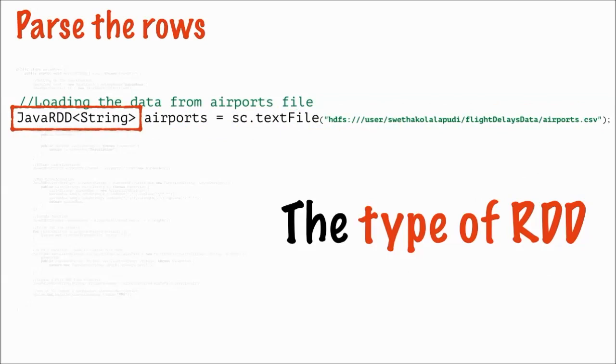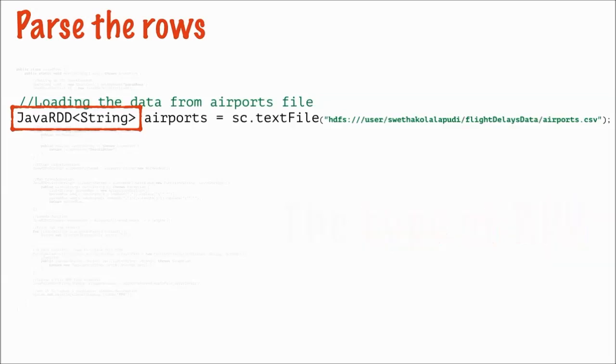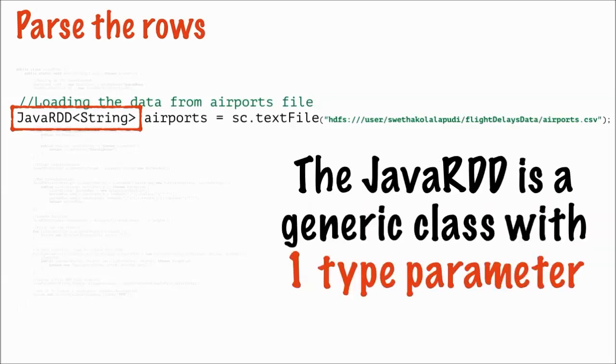What is really different is that the airports RDD now has a type. It's of type JavaRDD with the generic parameter String. The JavaRDD is a generic class with one type parameter, and you have to specify that type. That type represents the type of every record in that RDD.